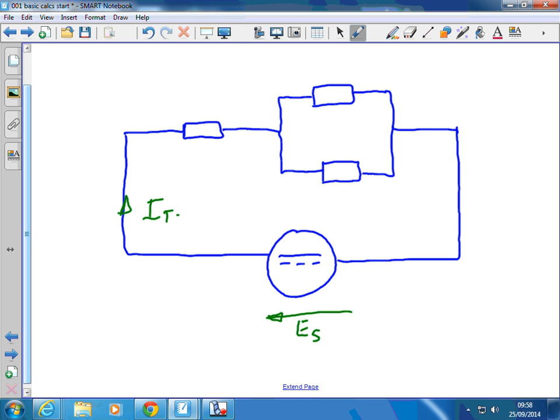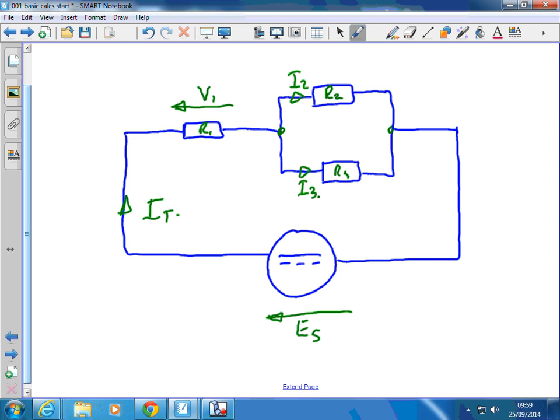So IT is flowing through that resistor, R1. We get a volt drop V1 across it. Then the current IT splits here into I2, we'll call that, going through R2, and I3 going through R3.